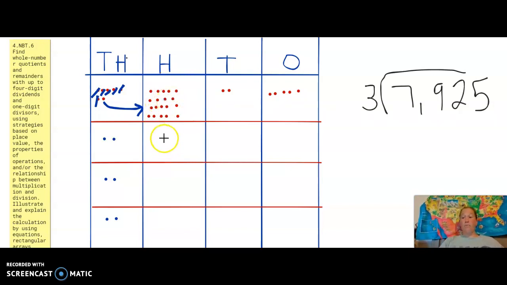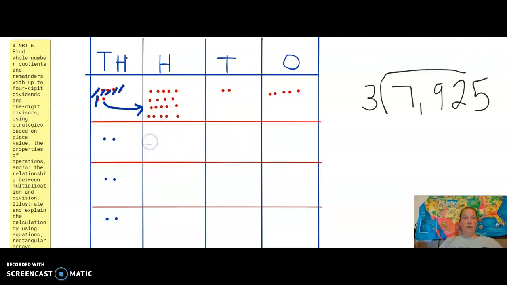Okay, if I have 3 groups of 19, if I know my facts pretty quickly, I know 3 goes into 19 close to, well, it is 6 times because 3 times 6 equals 18. I said we would use blue. Here we go.